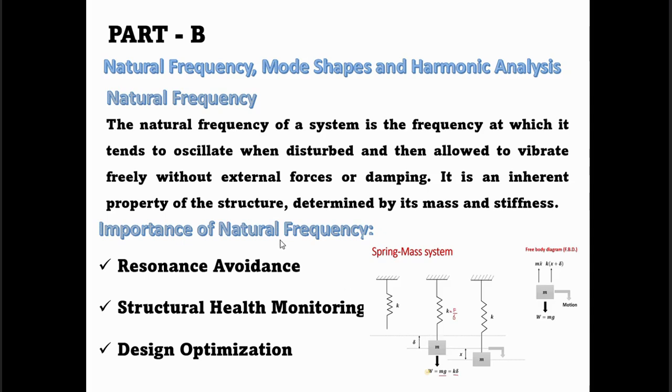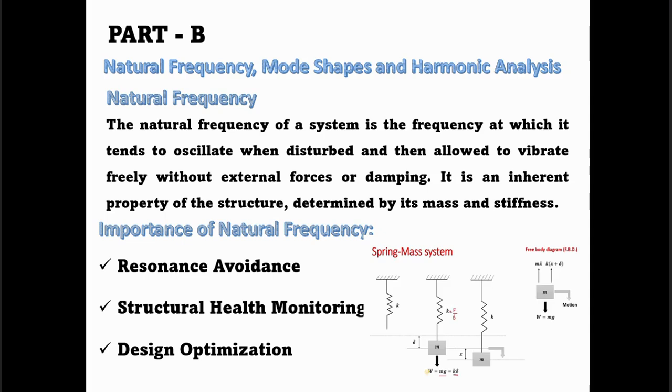So what is the importance of finding this natural frequency? These are some of the reasons for finding the natural frequency of any structure or machine component. The first one is resonance. In order to avoid resonance, we should find the natural frequency of a structure or a machine component. So what do we mean by resonance?